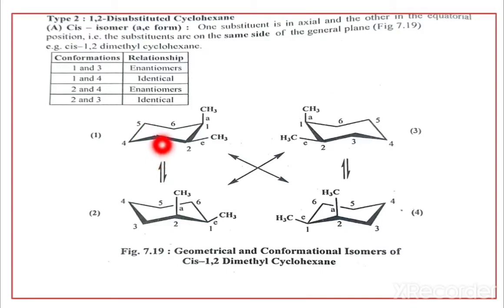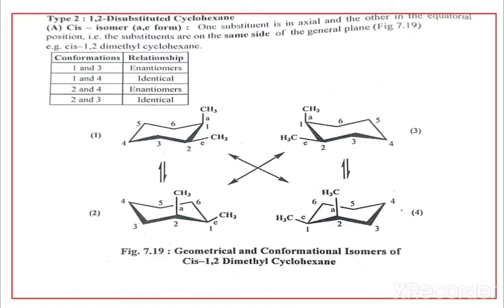Here at C3 there is one axial hydrogen, and at C5 one axial hydrogen. That means it has two butane-gauche interactions, or two 1,3-diaxial interactions. On the basis of 0.9 kilocalorie per mole for each 1,3-diaxial interaction, that is the CH3-hydrogen interaction or butane-gauche interaction, we calculate the total energy is 2.7 kilocalorie of van der Waals strain for cis-1,2-dimethylcyclohexane.